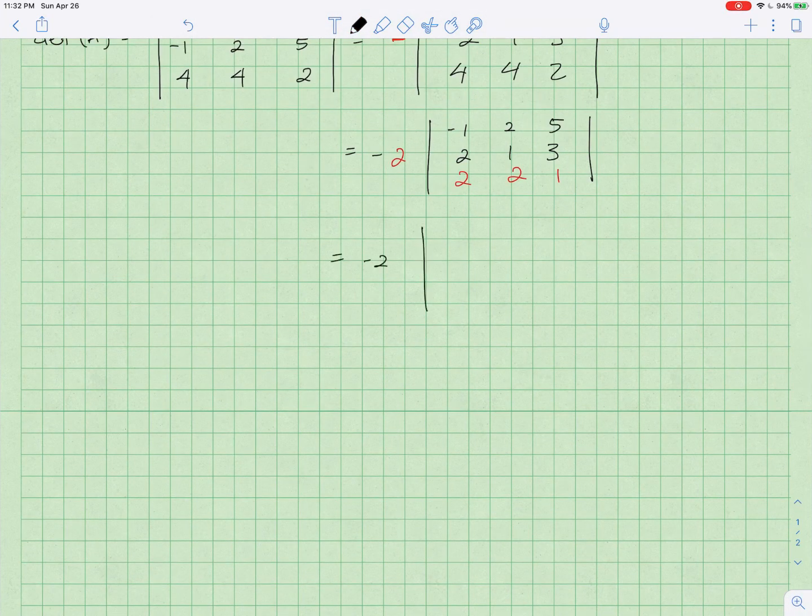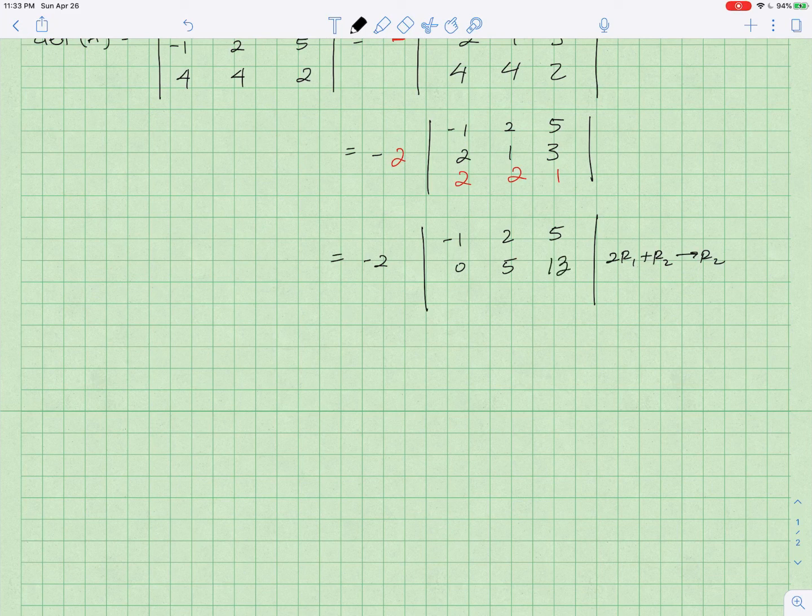All right, now what we might do is something like this. This is -2. The top row is -1, 2, 5. And now I might start doing some real EROs where I do something like twice row 1 plus row 2 is my new row 2. And that'll give me -2 and 2 is 0. 2 times 2 is 4, plus 1 more is 5. 2 times 5 is 10, plus 3 is 13.